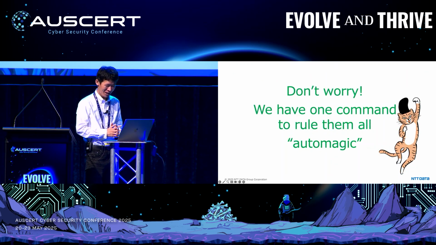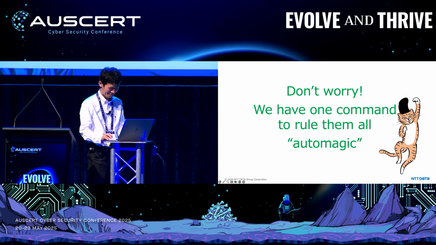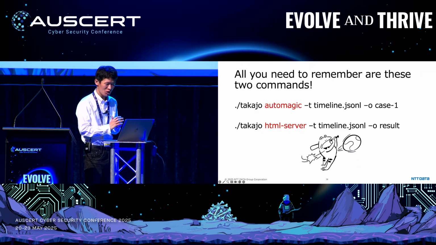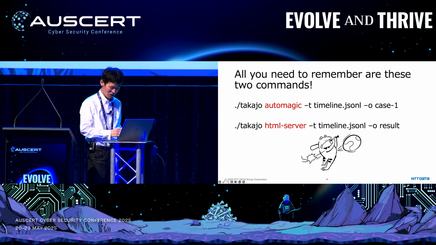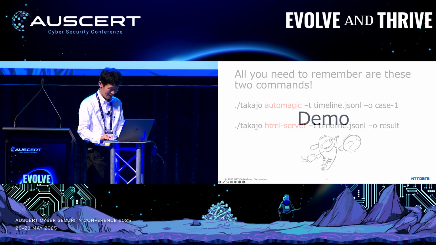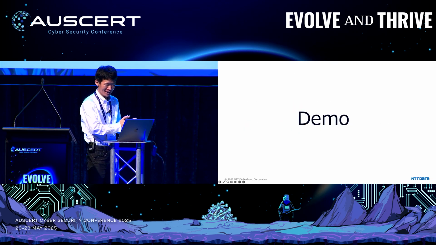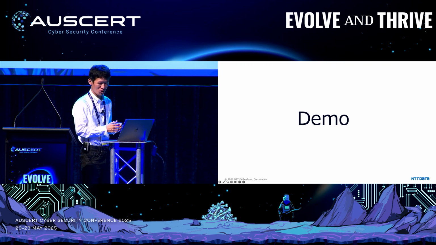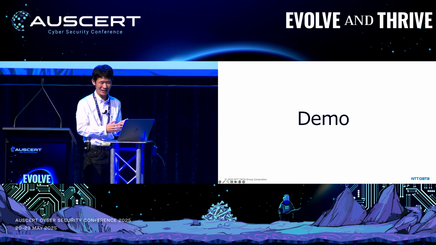But don't worry, we have one command to run them all, auto-magic. All you need to remember are these two commands, Takajo auto-magic and Takajo html-server. Now I'll run some commands in Takajo to show you how it works.